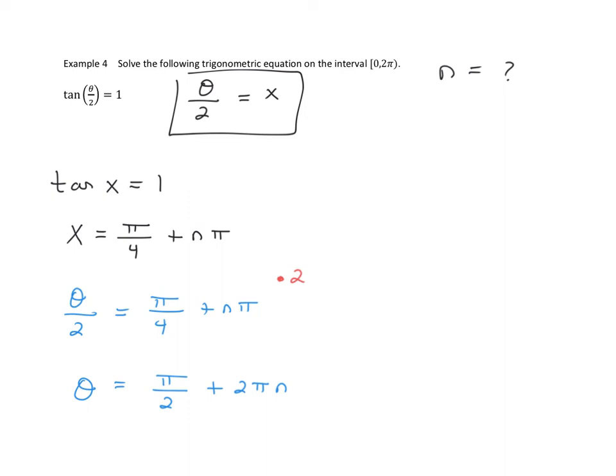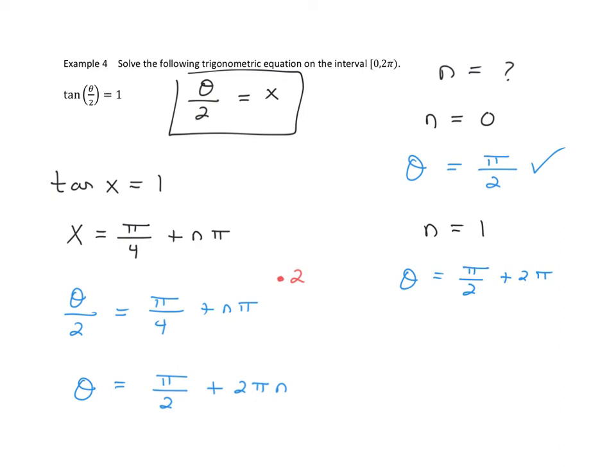Like last time, we can't use a negative number, so I have to start with n is equal to 0. When I use n is equal to 0, I get theta is equal to pi over 2. So that's good. I can use that. Well, what about n is equal to 1? Okay, this is going to be theta is equal to pi over 2 plus 2 pi.